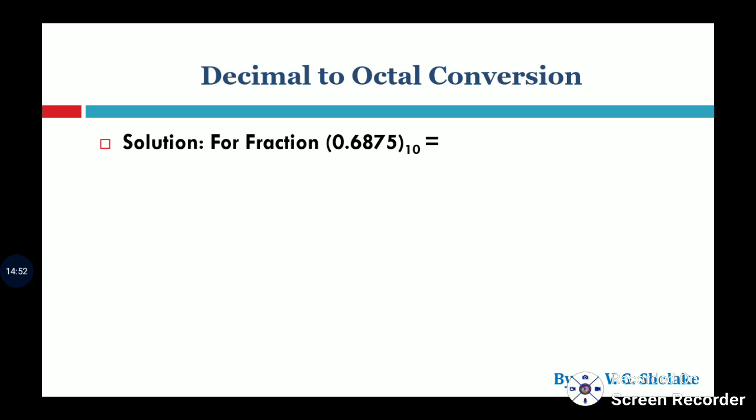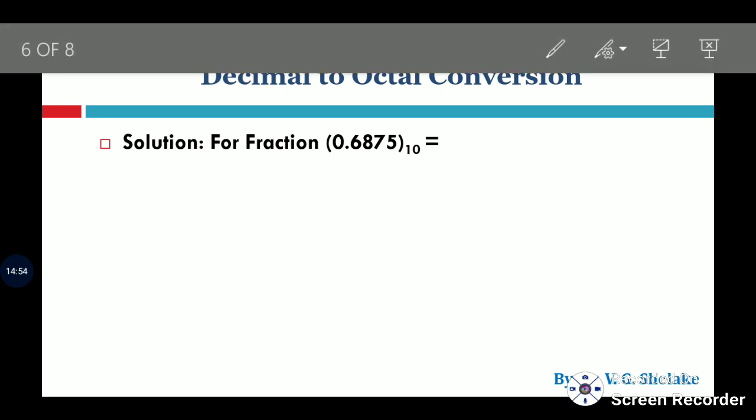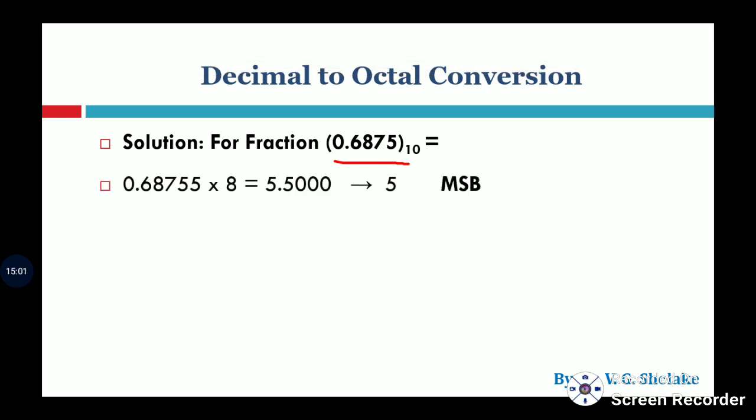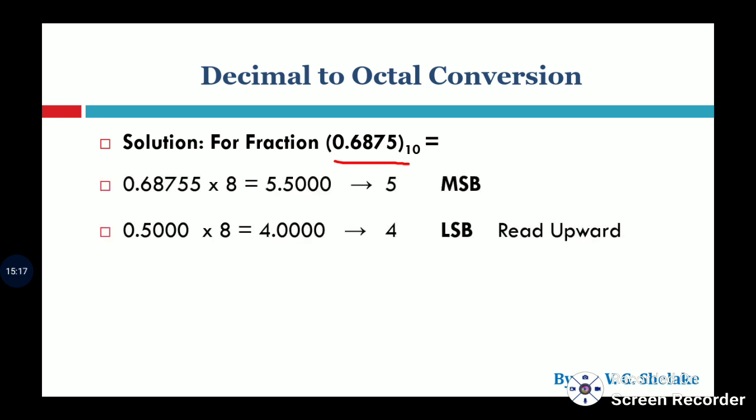For the fraction part, we successively multiply this fraction by 8 and keep the track of integers. So 0.6875 times 8 is 5.5. So 5 is the MSB digit. Similarly, for this 5.5, 0.5 multiplied by 8, we will get 4.0.